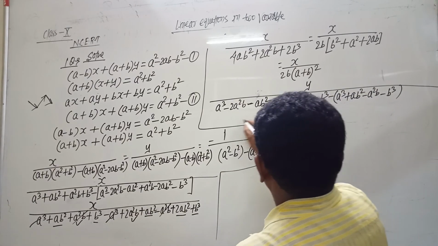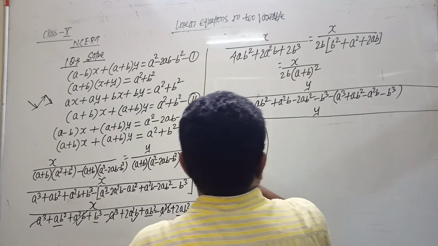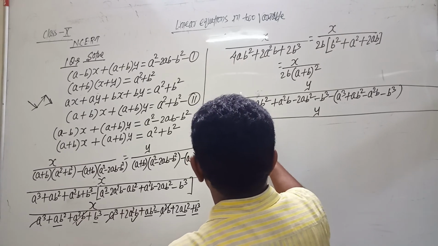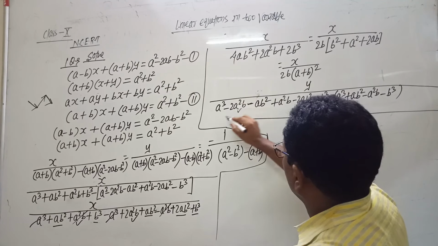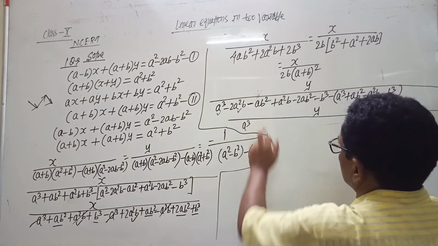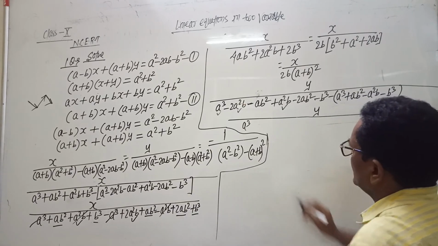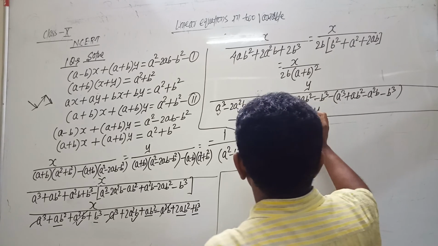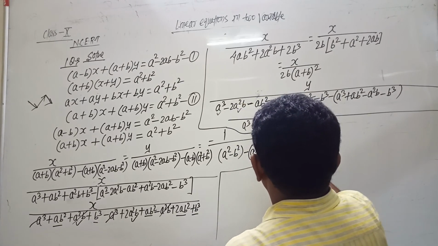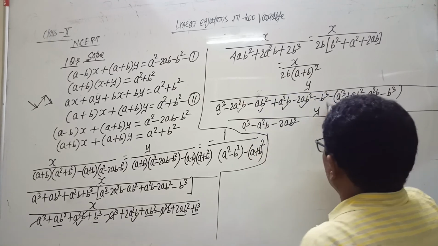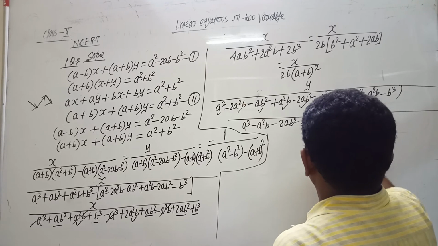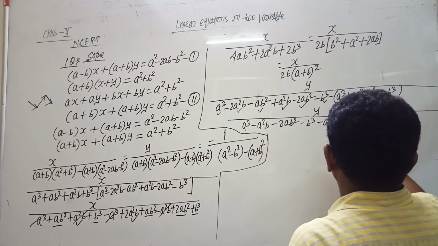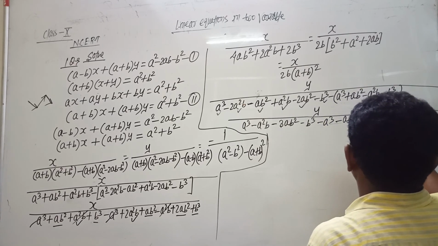So y upon, we remove the bracket. So a cube minus 2a square b, minus 2a square b and plus a square b, minus 2a square b plus a square b minus a square b, minus ab square and minus 2ab square, minus 3ab square, then minus b cube, minus a cube, minus ab square, minus minus plus a square b and plus b cube.